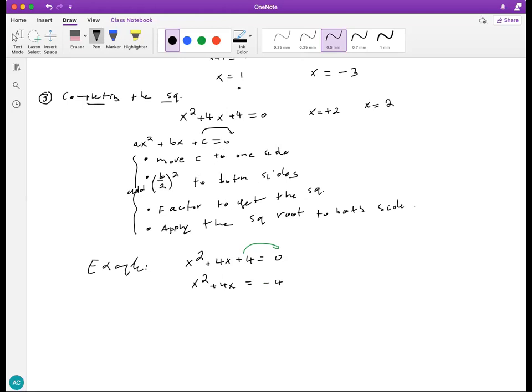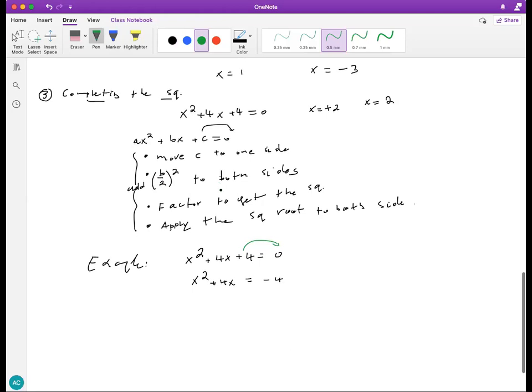What happens next? We need to add this number to both sides. First, we're going to find this number. It's b over 2, squared. What is b? B is the number that's next to the x. In this case it's 4.